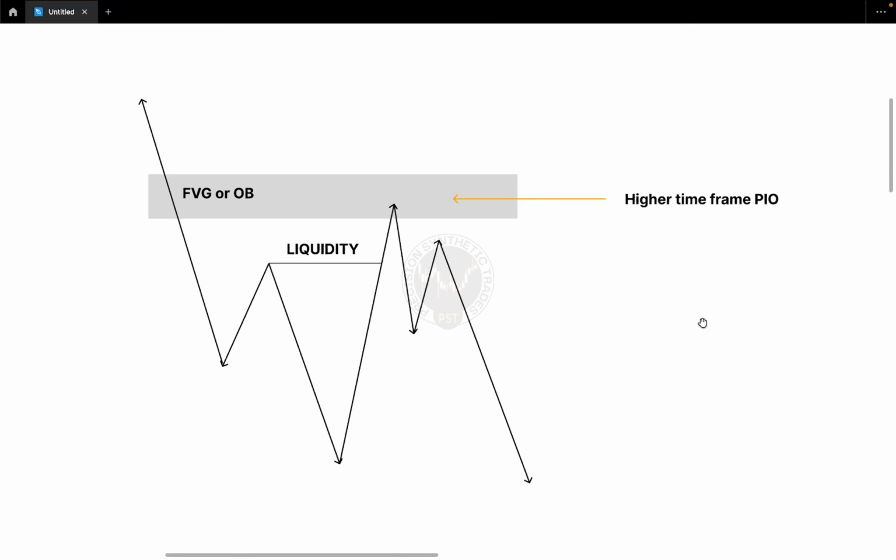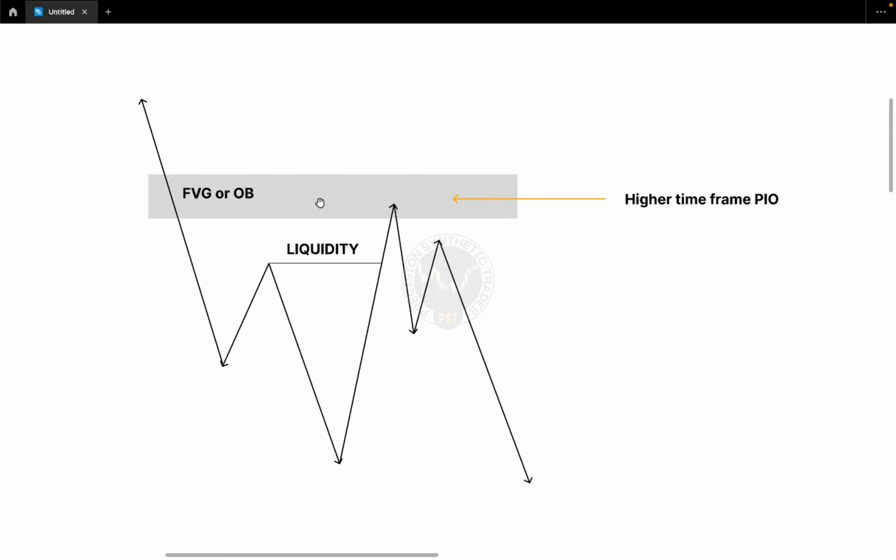All right, so what we look for is, if this is the price on the higher time frame, you are going to wait for price to do its thing, and you are going to wait for price to enter a higher time frame fair value gap or order block.